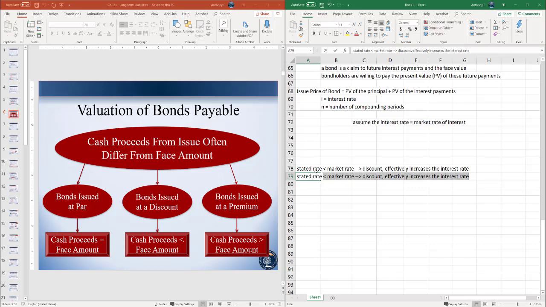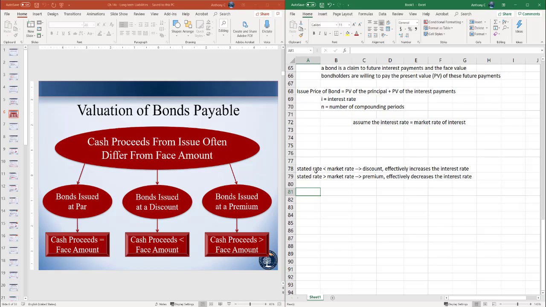If we flip that relationship around, where our stated rate is greater than our market rate, it's going to get issued at a premium, which does the opposite. It effectively decreases the interest rate.